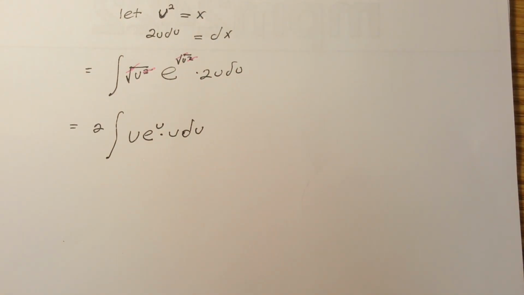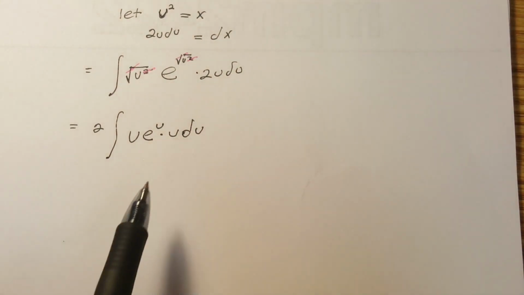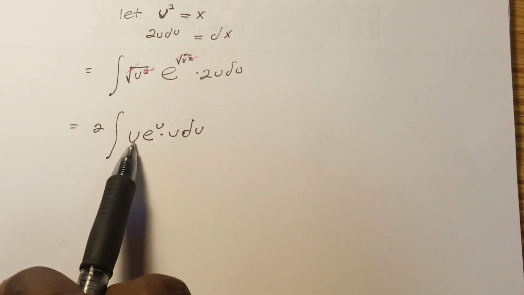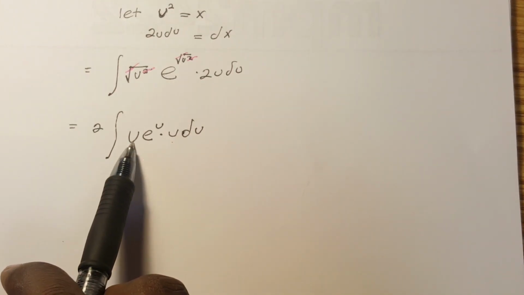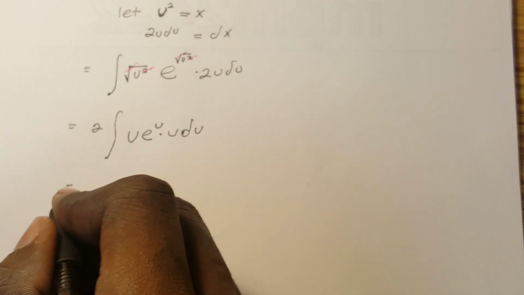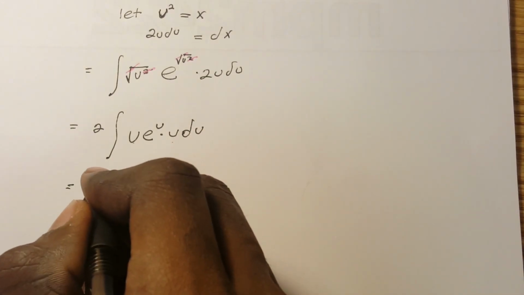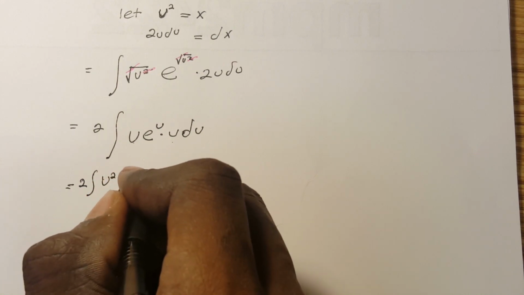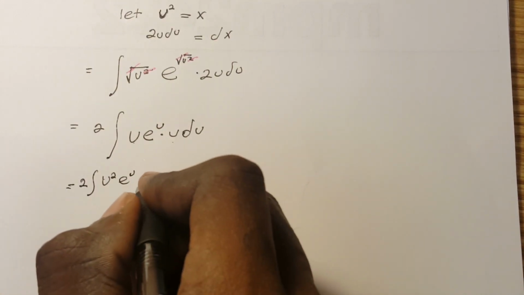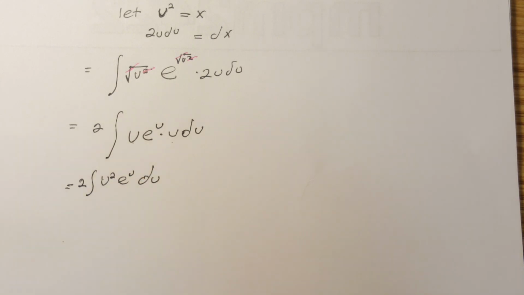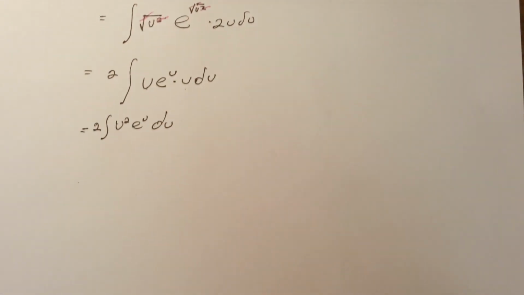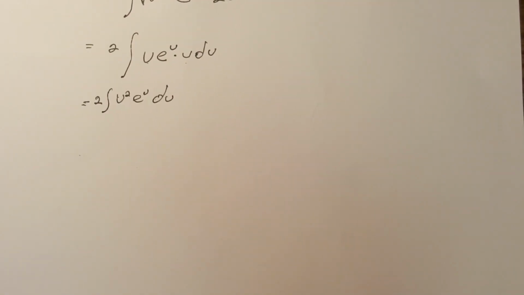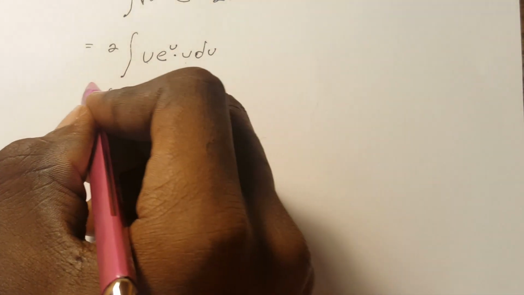So at this point, we are just going to multiply this guy by that guy and get u squared. So we're going to have 2u squared e to the u du. At this point, we've got into this step.